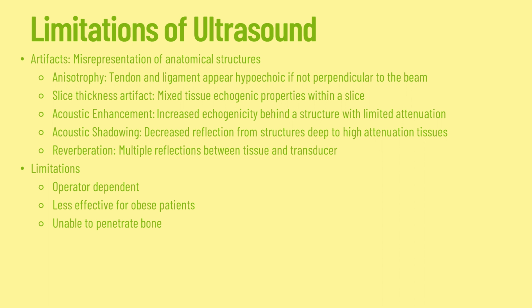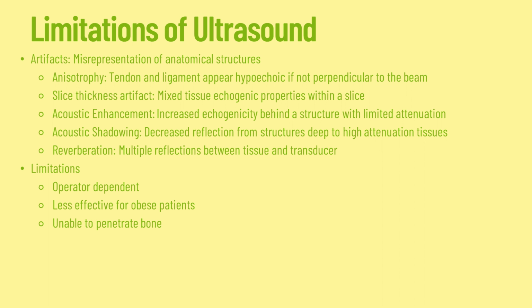And then we can have slice thickness artifacts, which is going to be the tissues having mixed properties of hypoechoic or hyperechoic within each of the slices of what we're looking at. And then we can have acoustic enhancement, which is going to increase the echogenicity of structures that have limited attenuation. So if there's not going to be as much of that scattering and refraction, it's going to appear more hyperechoic there.